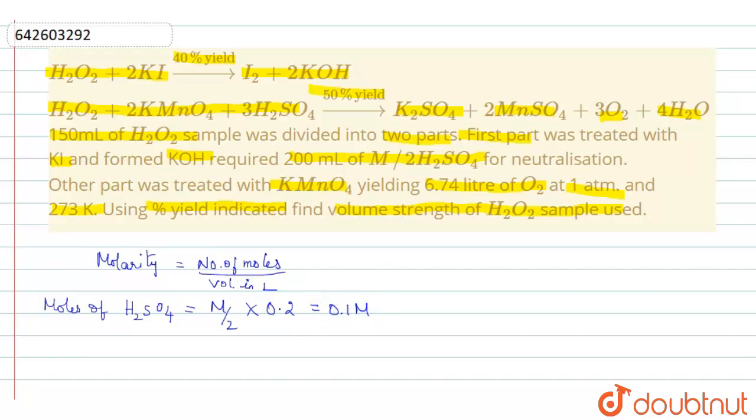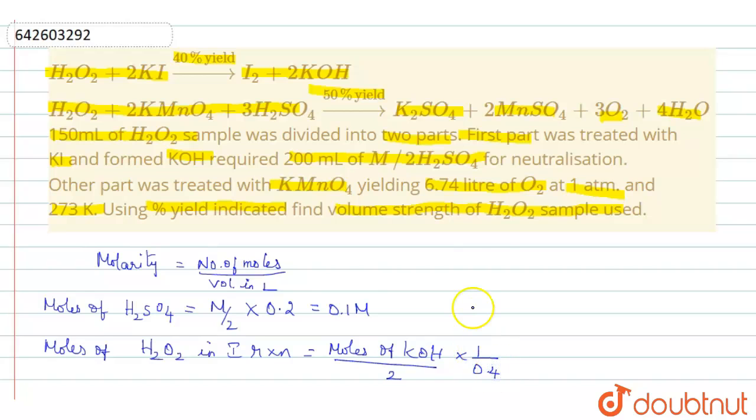So the next step will be the moles of H2O2. The moles of H2O2 used in the first reaction I can write as the moles of KOH divided by 2 into 1 by 0.4.